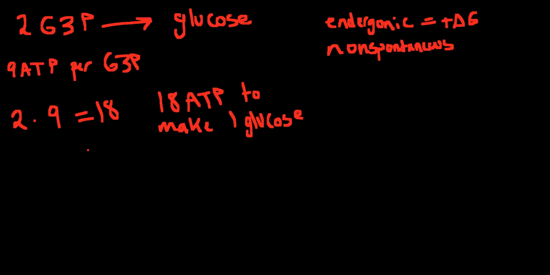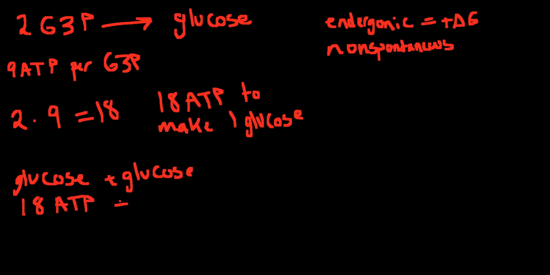So let's say we were making a disaccharide, which is like 2 glucoses together. Then you'll need glucose plus another glucose. And we already said previously that every glucose needs 2 G3Ps, and every G3P needs 9 ATP. So in total you need 18 ATP plus 18 ATP to make a disaccharide.